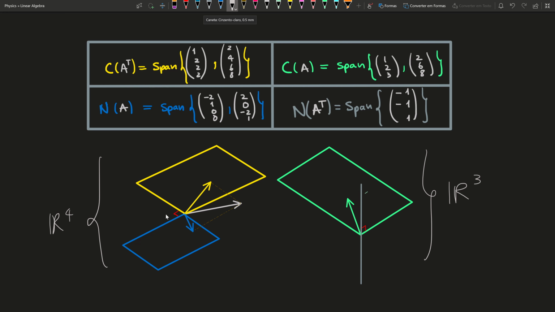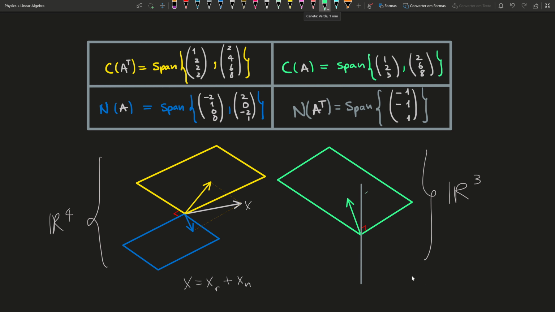Which means, because I can write R4 as the direct sum of both, and R3 as the direct sum of these two, I can write any vector. For example, this vector x must be some combination of a vector living in the row space and in the null space, just like you see here. So x must be x row plus x null space. Here the same thing.